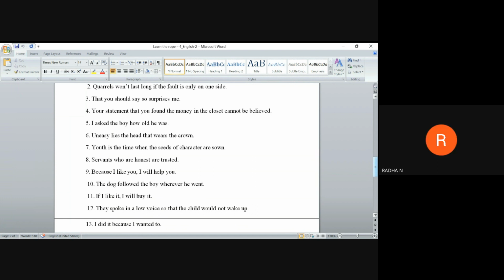Okay. But this is a little different case. This won't be considered straight away as a noun clause. The dog followed the boy wherever he went. Wherever is usually used as an adverb. So you can call this the adverbial clause because it's giving you a sense of place. Even on its own, it's used as an adverb.